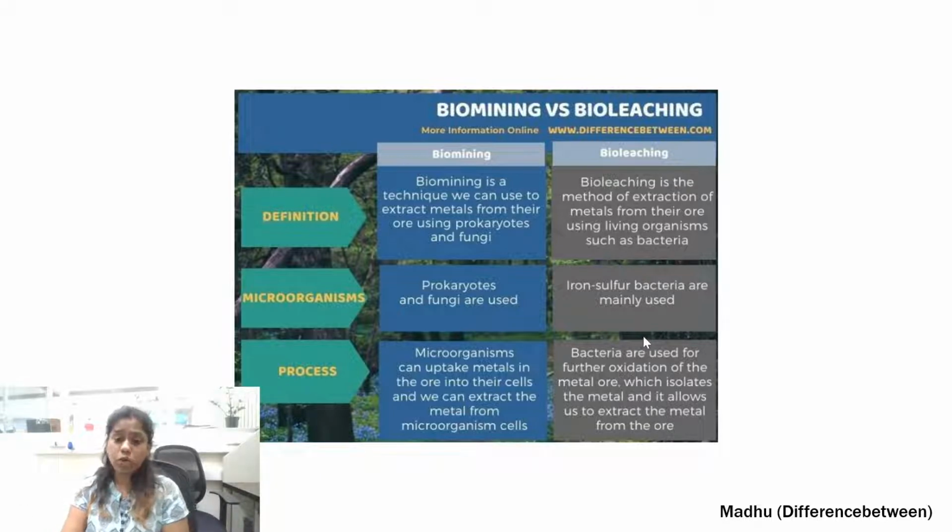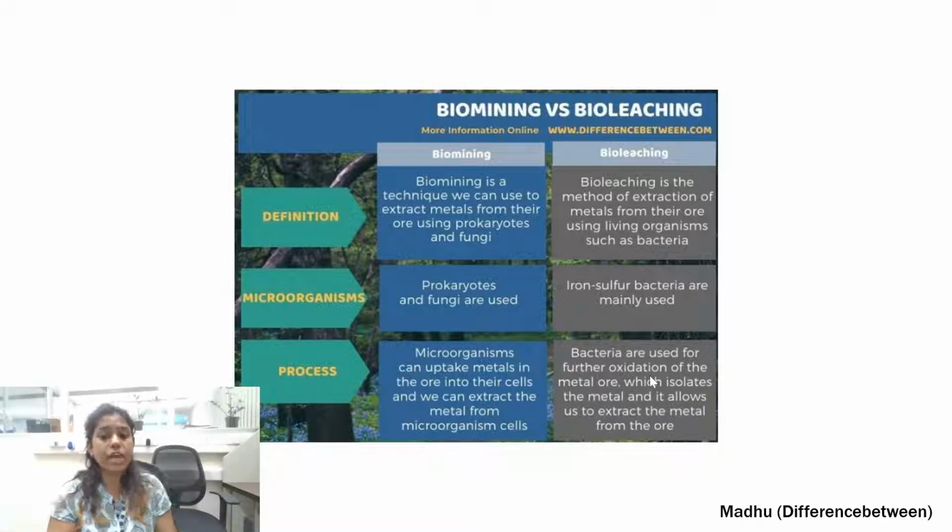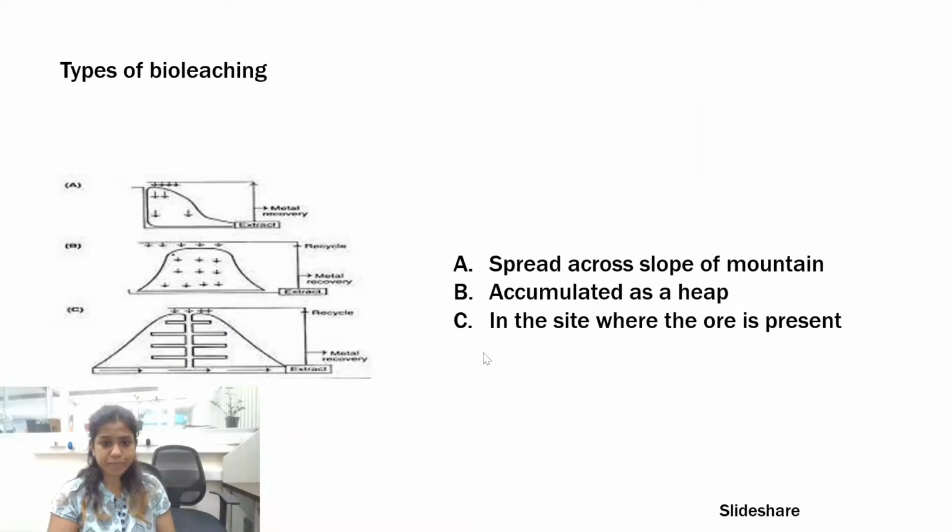The bacteria are used for oxidation of the metal ore, which allows us to extract the metal from the ore after oxidation, whereas in biomining, the prokaryotes take up the metal directly into their cell, process it, and then precipitate the metal after that.